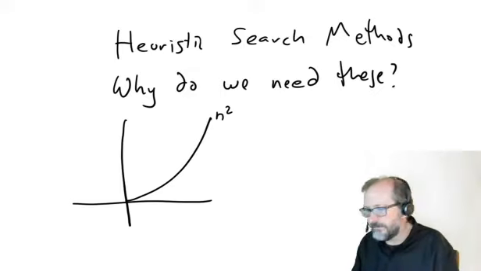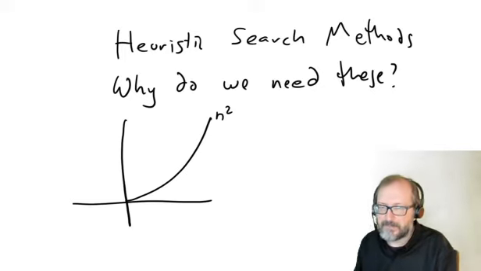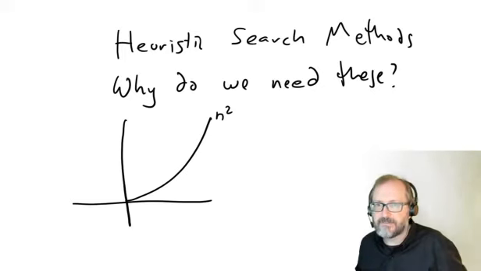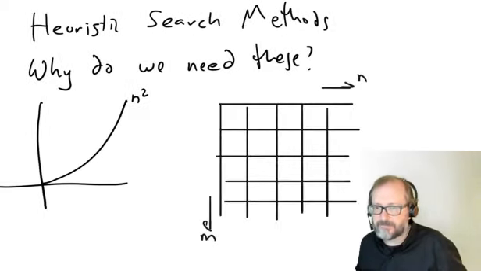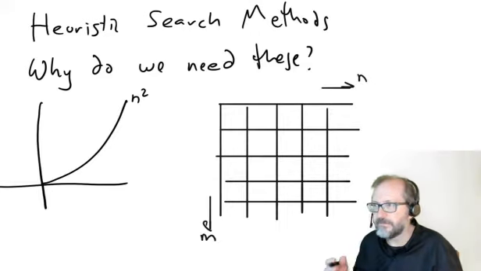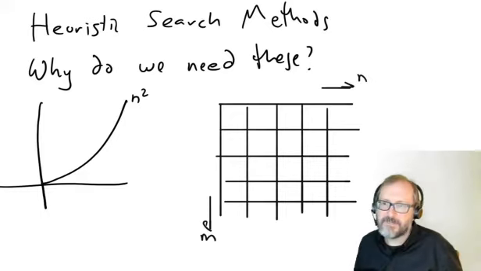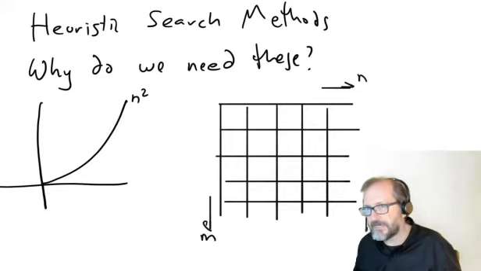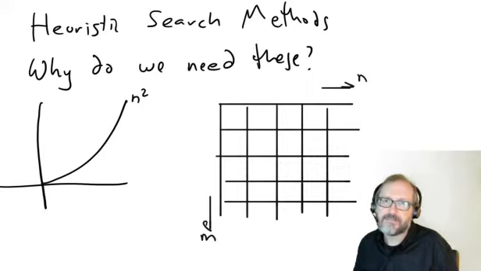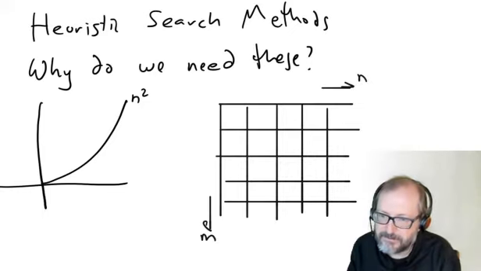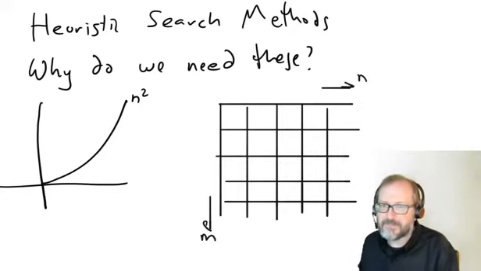So the pairwise sequence alignment has a cost that goes like n squared, and the reason it's n squared is because if you think of both the query and the subject sequence as both having length n, then you would have to fill in this alignment matrix, which has size n by n, right? So n squared. And you still have to also do the traceback, but the traceback is less than a quadratic operation. So it's going to be driven by this matrix filling step.